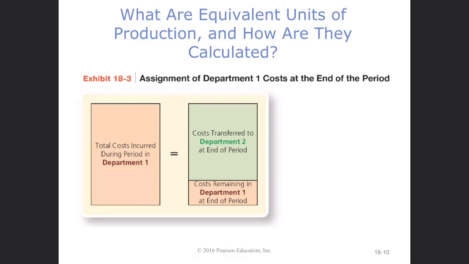So our total cost that we incurred during the period equals whatever cost were transferred from Department 1 to Department 2 at the end of the period, and the remaining cost in Department 1 at the end of the period. So whatever we moved to Department 2 and whatever cost remained in Department 1 at the end of the period. We'll see.